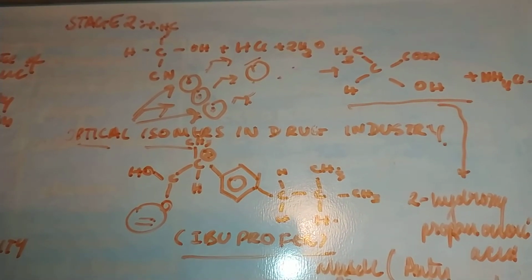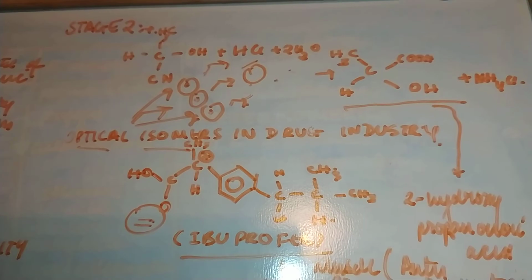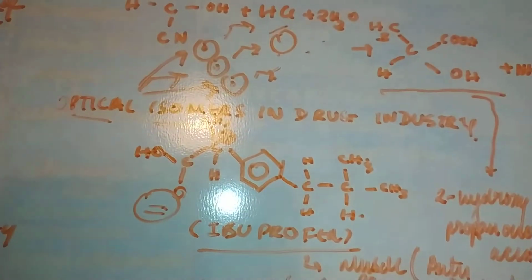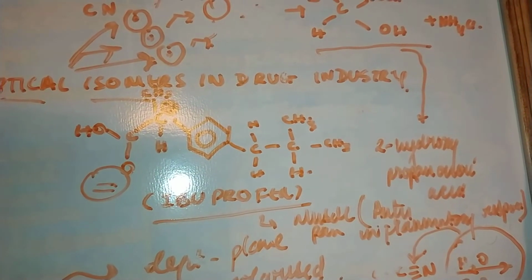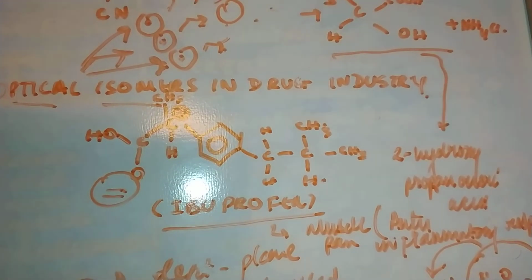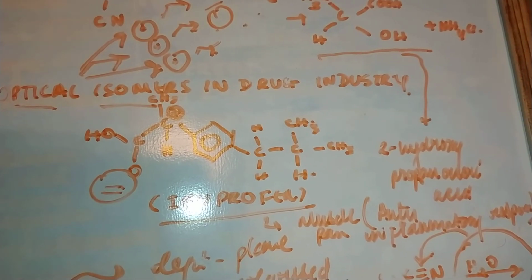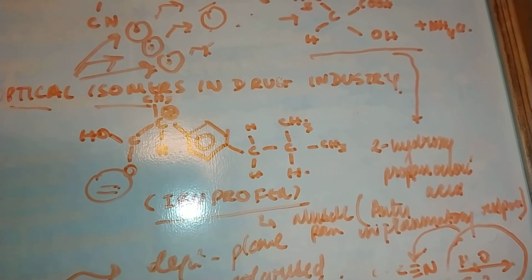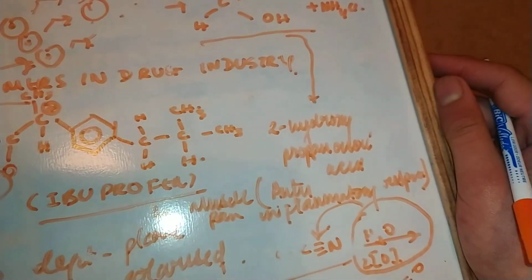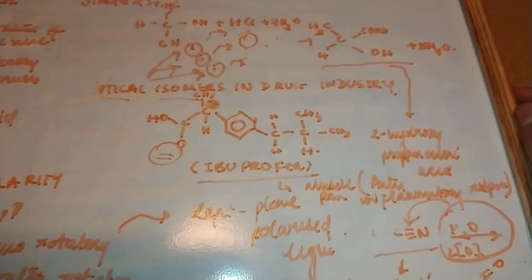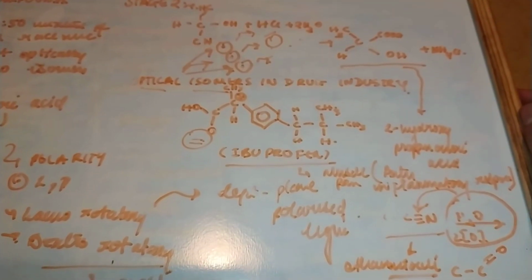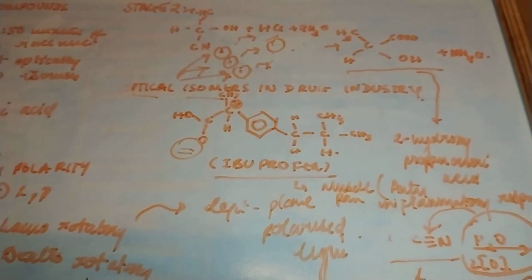But the other optical isomer of naproxen actually causes liver poisoning, so it has to be very, very careful. That's why when designing drugs, the correct isomer must be formed and chosen.